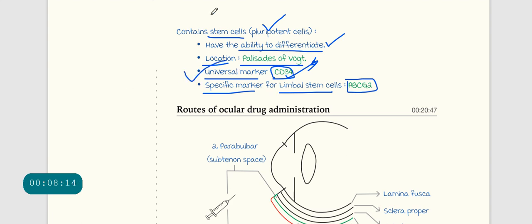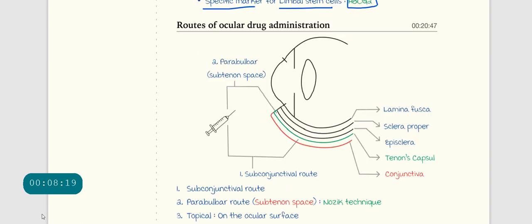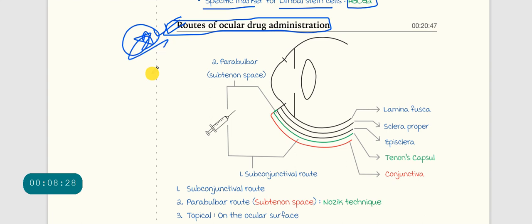Okay, now coming up to routes of ocular drug administration. Very important students, routes of ocular drug administration, how we are going to give a drug via injection in the eye. So basically there are 7 routes for administration of drug in the ocular.